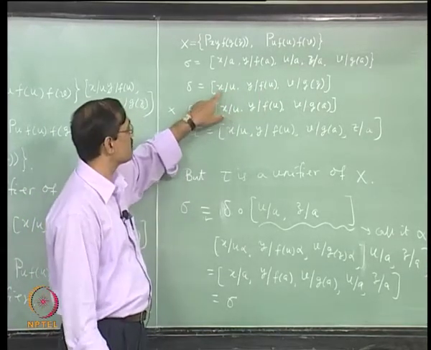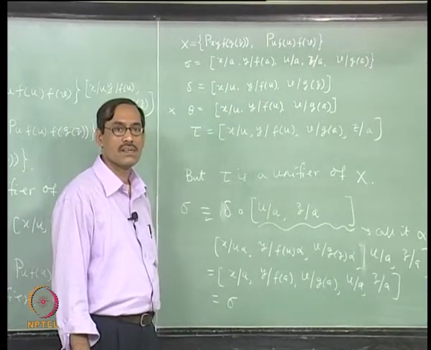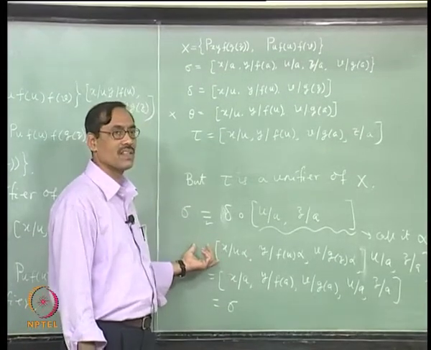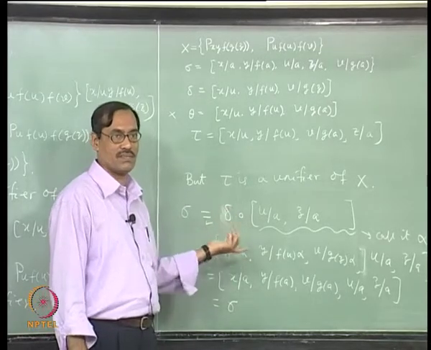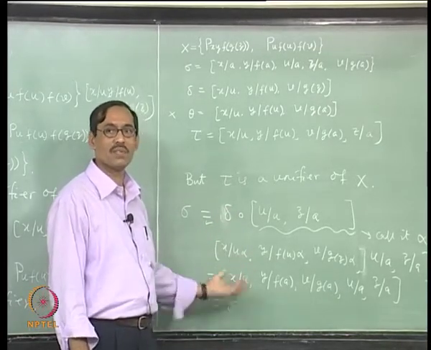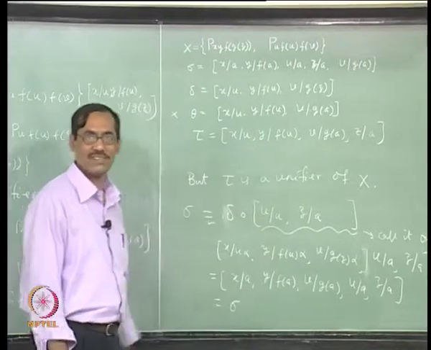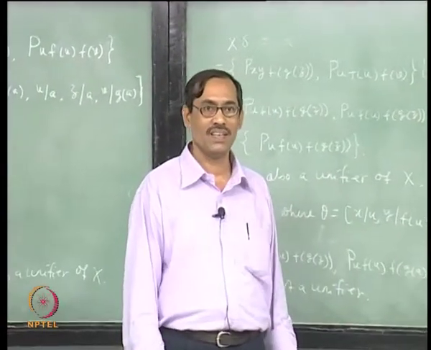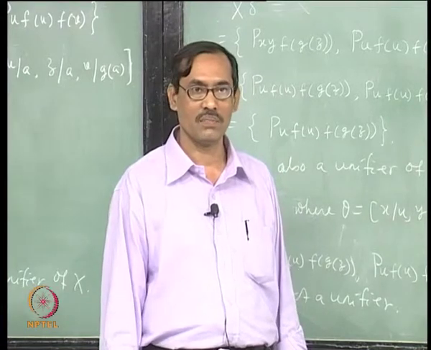So, instead of this, suppose I choose u by x, y by f of x. So, ultimately in x u was figuring out, right. Now, you will not figure out, x will figure out, fine. That is also a most general unifier up to renaming of the variables, right. But there can be others non trivial also, not only renaming of variables, fine, that is also possible.